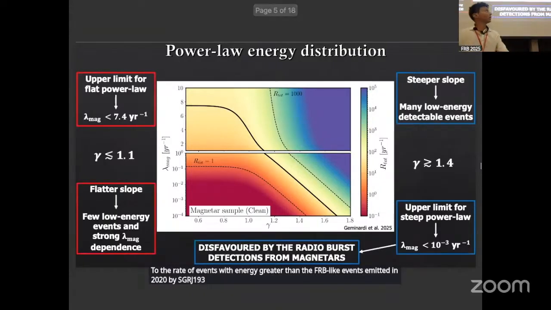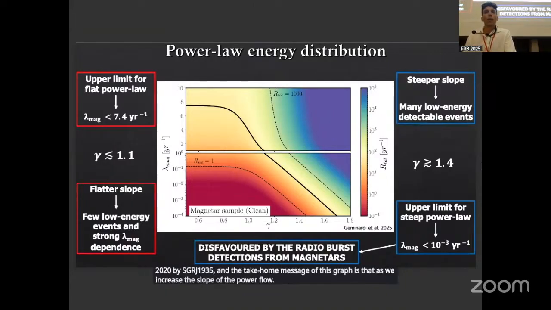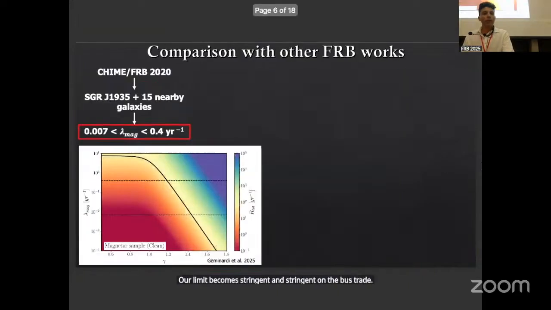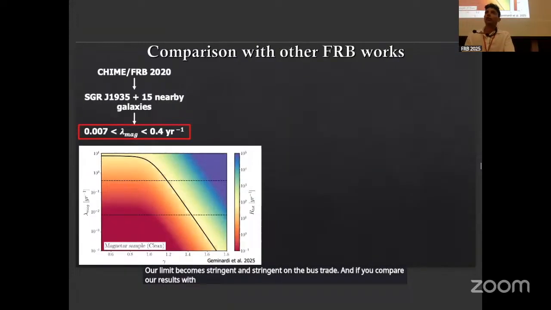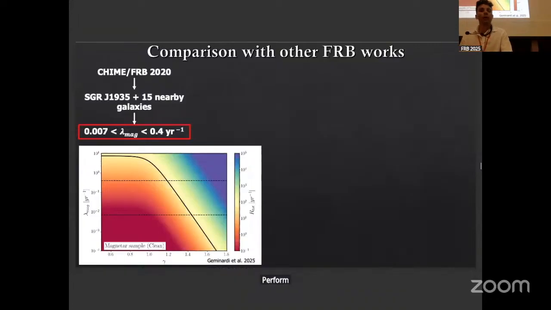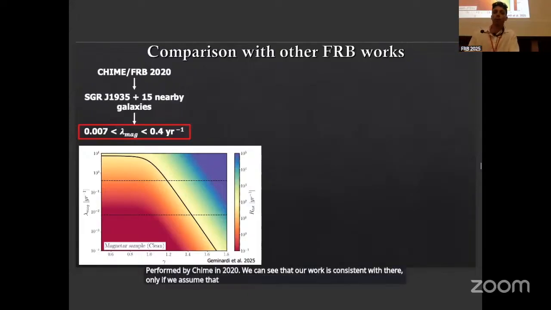And the take-home message of this graph is that as we increase the slope of the power law, our limit becomes more and more stringent on the burst rate. And if we compare our results with other observations on magnetars, for example, the ones performed by CHIME in 2020, we can see that our work is consistent with theirs only if we assume that the power law slope is lower than 1.4.